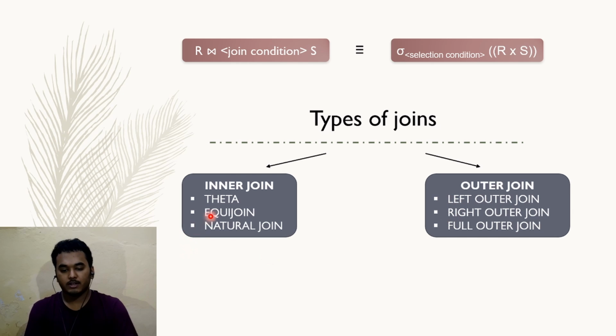Under inner join we have theta join, equi-join, and natural join, while left outer join, right outer join, and full outer join come under outer join.